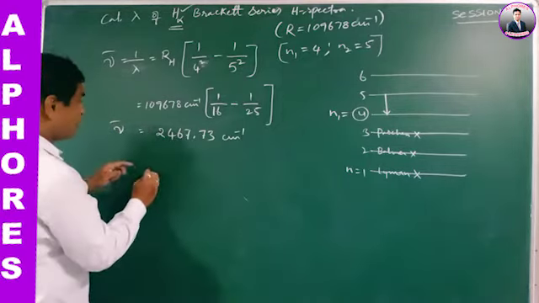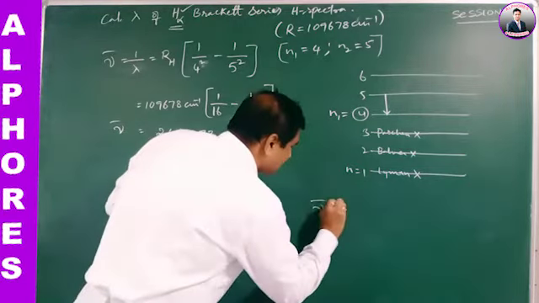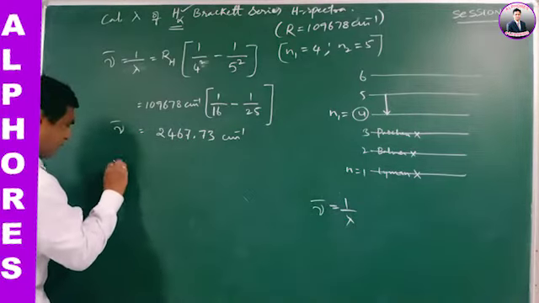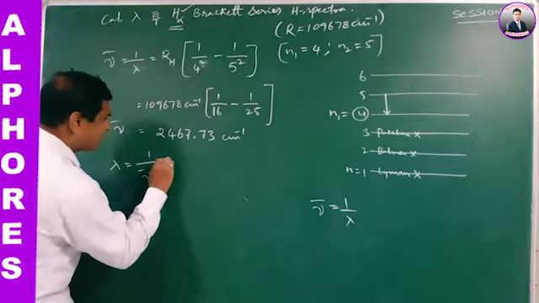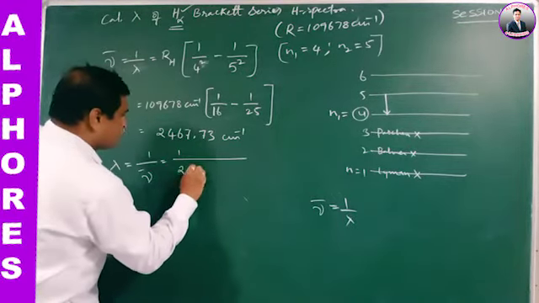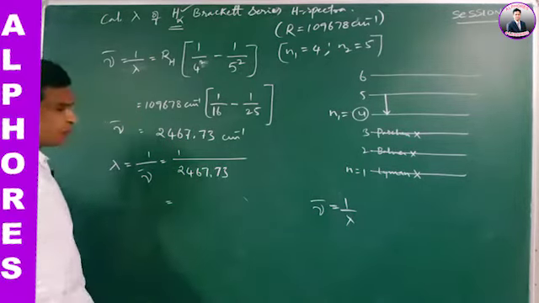Now, as we know, nu bar is equal to 1 by lambda. Now lambda is equal to 1 by nu bar, that is 1 by 2467.73. How much will we get?